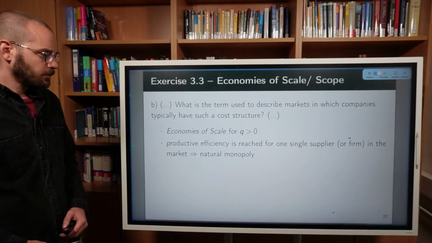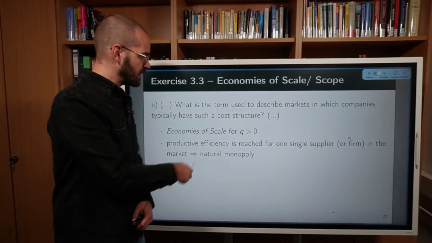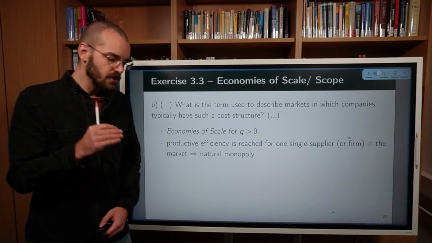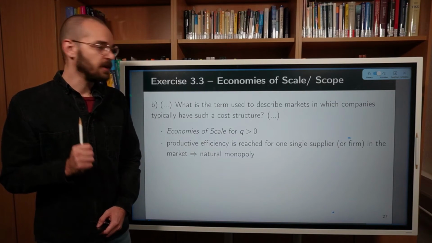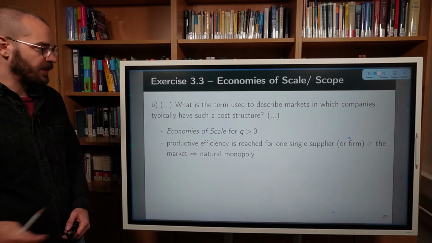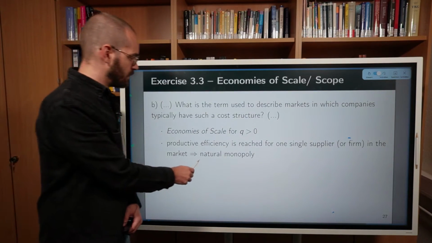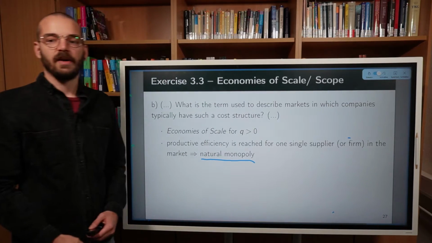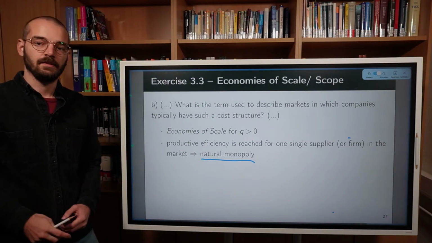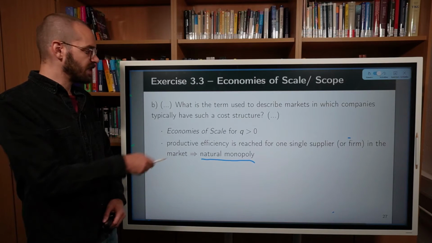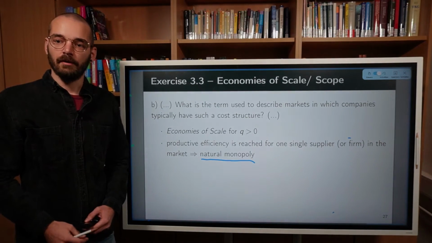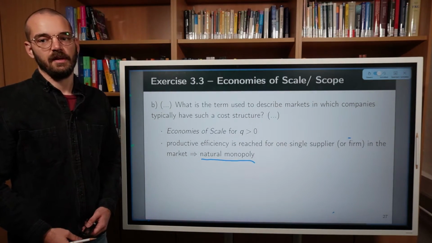Okay, so the productive efficiency, that is producing at the lowest costs possible, is achieved for one single supplier, a monopolist. So again, just to reiterate, this kind of market that is characterized by a cost function which resembles the general structure of this industry, we would consider a natural monopoly.